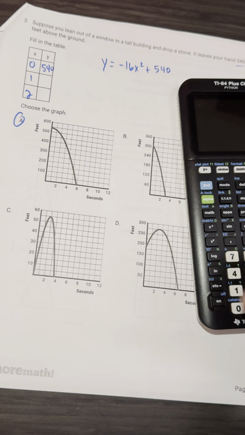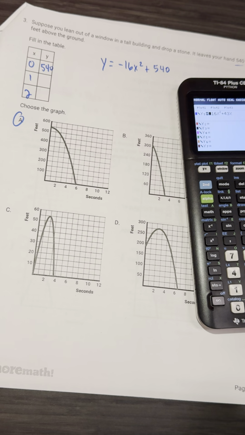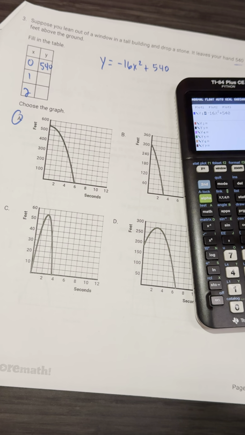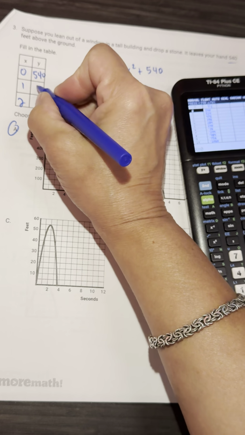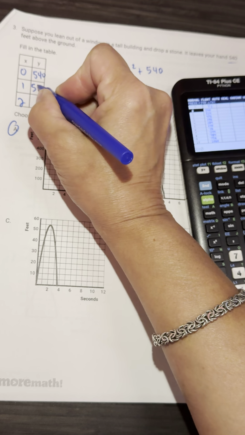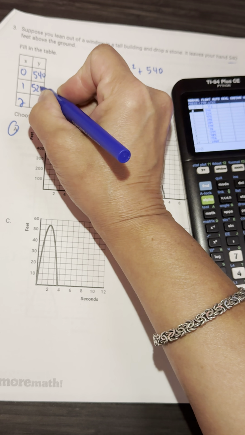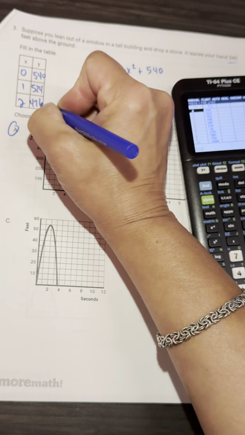So y equals, calculator on. So 1 is at 524. What is 2? 476. Very good, 476.